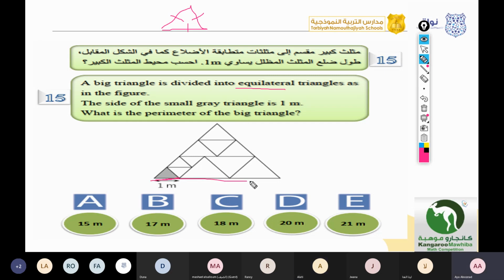So the perimeter, you know, the perimeter is the line around. So what is this? It's going to be how many? And you will say why, of course. I think D. I'm waiting. I'm going to write it in the chat.